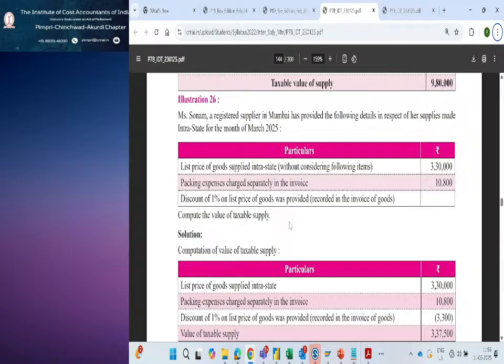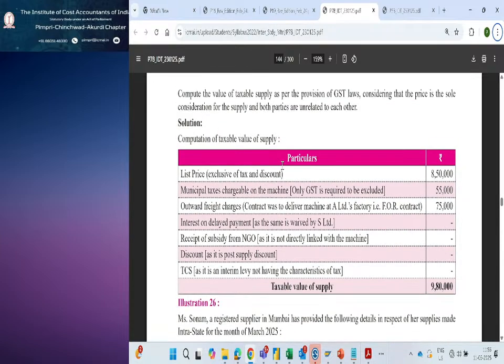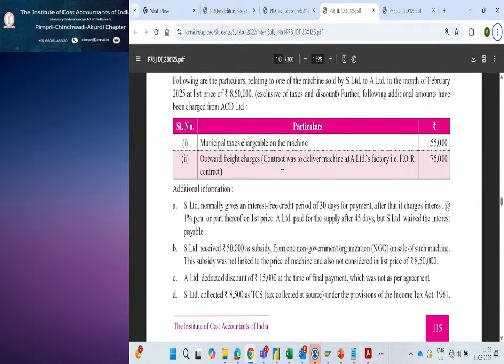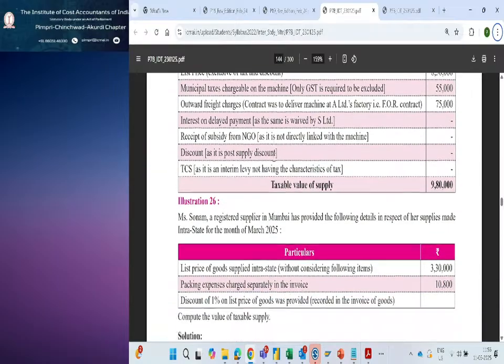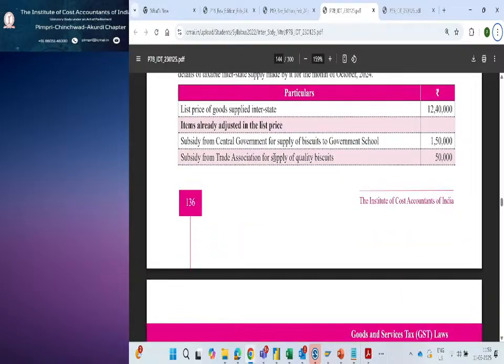See, there are other simple problems in our material, illustration number 25, 26 and 27.